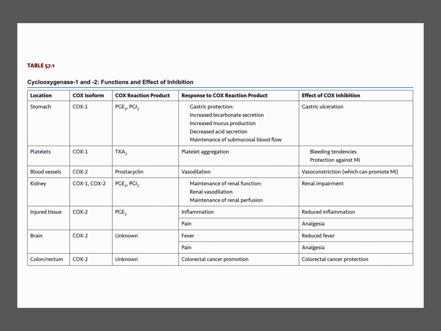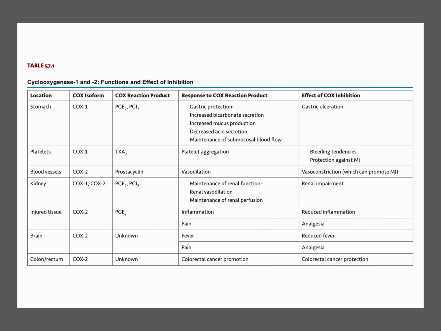When we provide a COX-1 specific inhibitor, the patient may be more prone to gastric ulceration. In terms of platelets, the response to COX activation is platelet aggregation. But if we give them a COX-1 inhibitor, we may help protect against MI, but we could also increase the tendency for bleeding.